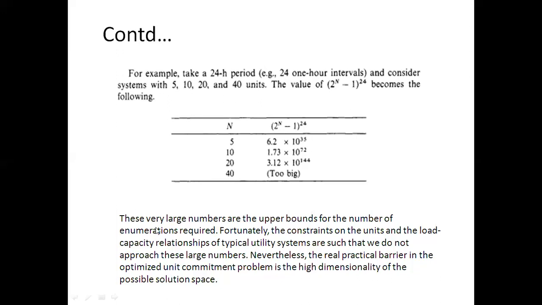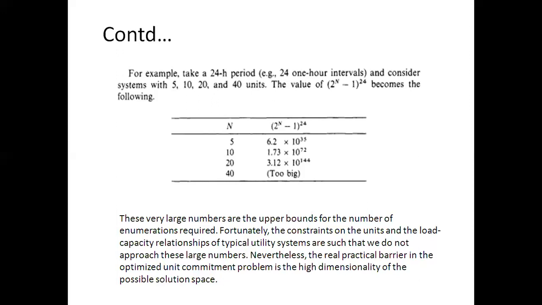Now, these very large numbers are upper bounds for the number of enumerations required. Fortunately, the constraints on the units and the load capacity relationship of typical utility systems are such that we do not approach these large numbers. Nevertheless, the real practical barrier in the optimized unit commitment problem is the high dimensionality of the possible solution space.